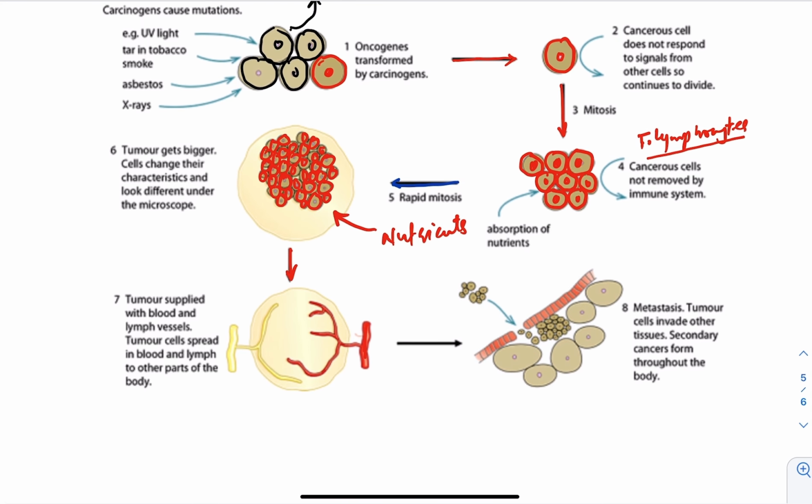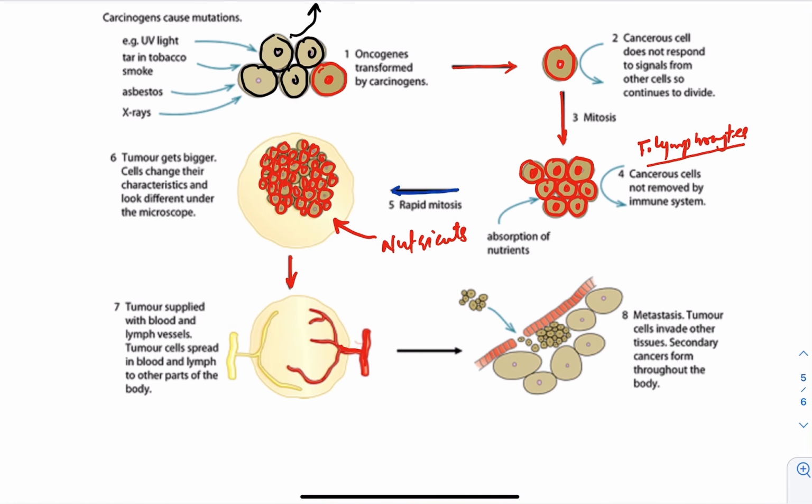There may be a capillary network that develops in this tumor, and it continues to provide the nutrients to the dividing cells. So the dividing cells continue to increase the mass of this tumor.